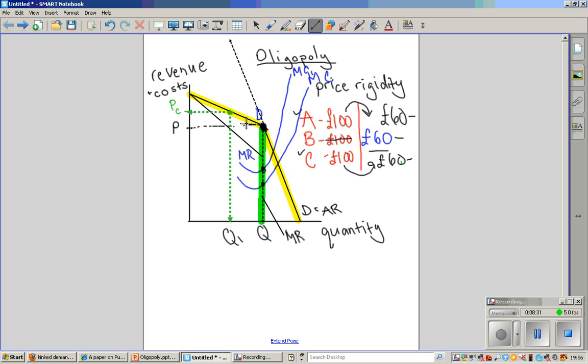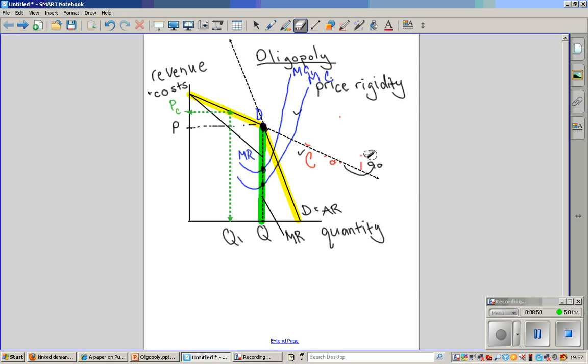I hope you can see what I'm doing. I'm just carrying this demand curve on down this way. So essentially what I'm doing, I should clean up this mess here. What I'm doing is extending two demand curves and showing you why there's discontinuity. Because at the point I've just mentioned where we have the vertical line, we don't know which demand curve we're following, so obviously there's a discontinuity.